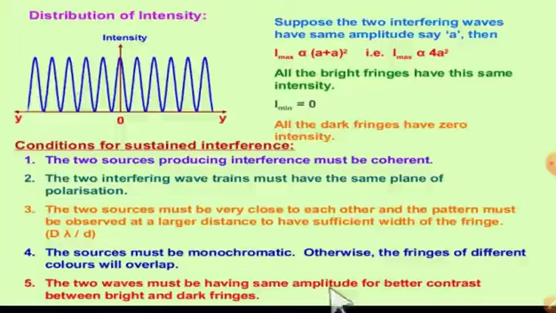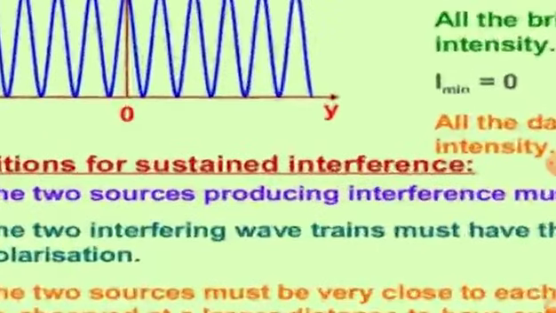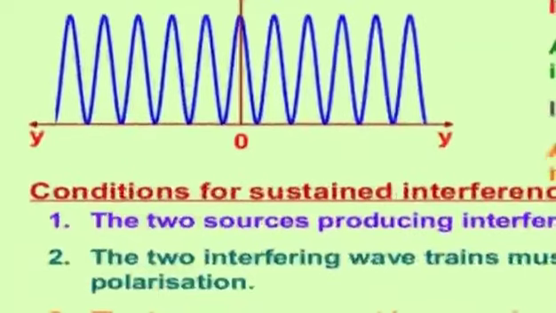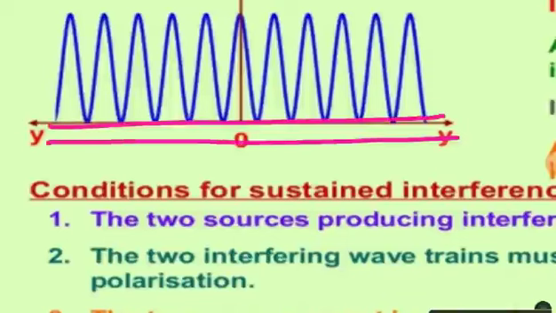Now let's see the distribution of the intensity. For destructive interference, it will be equal to 0. That is depicted by these points, and these are for the bright fringes. Let me try to zoom in first, and then I will draw it. If this is a screen, then this portion will be dark, this portion will be bright.